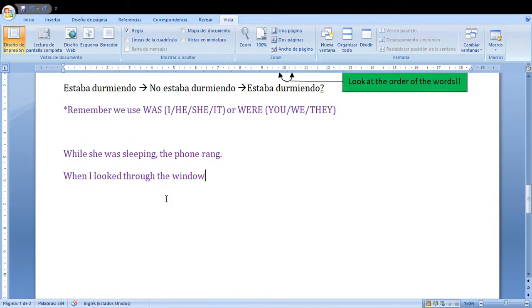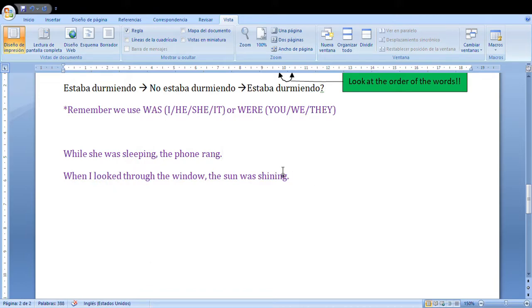So when I looked, look is a regular verb, so we need to add only ed. When I looked through the window, for example, the sun was shining. Cuando miré por la ventana o a través de la ventana, el sol estaba brillando. Okay.